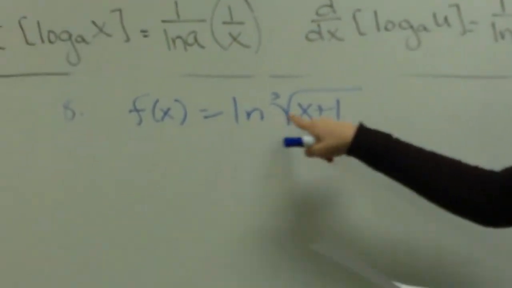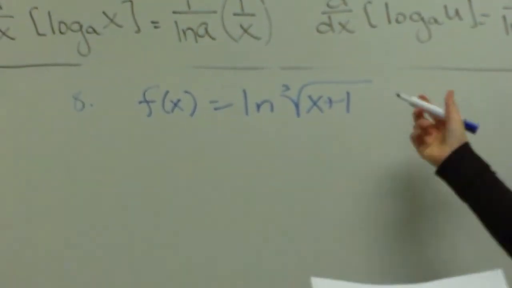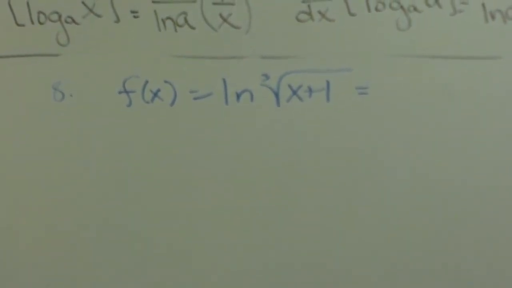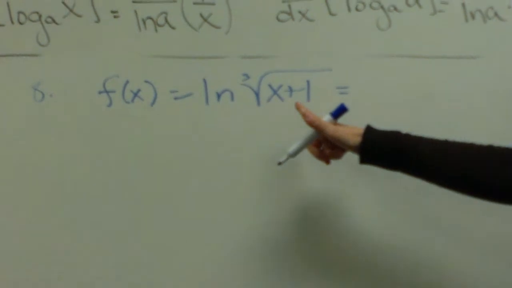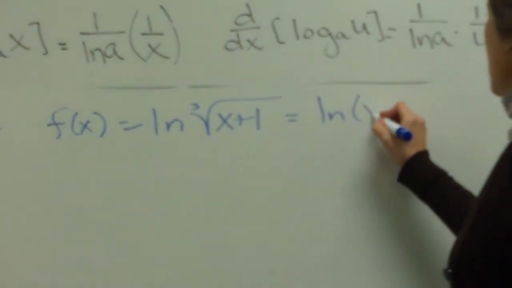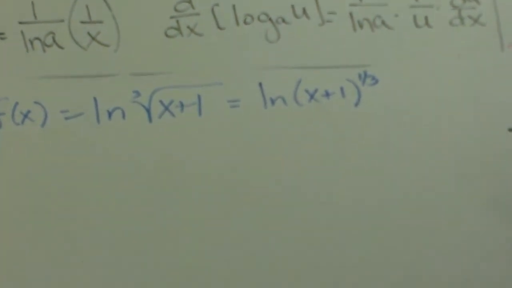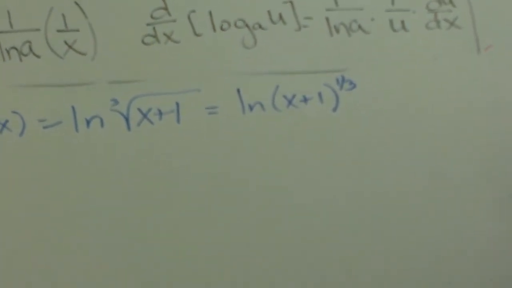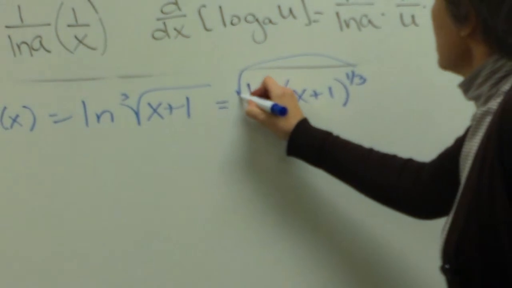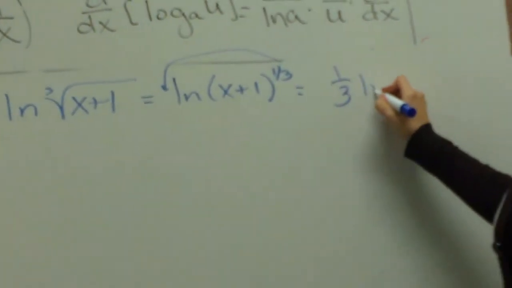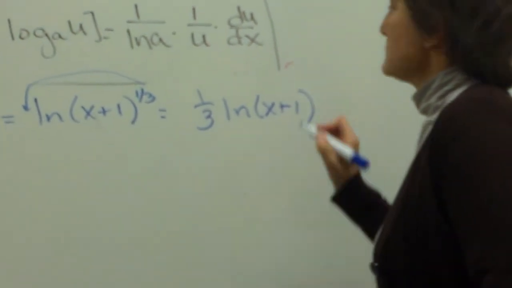However, if I can use the properties of logs that I know to rewrite this, I might be able to do it a lot quicker. So if I use the properties of logs, and I thought about it as the 1/3 exponent instead of the cube root, then that 1/3 can come down in front. That's a property of logs that I have. So I could think about it as one third ln of x plus 1.